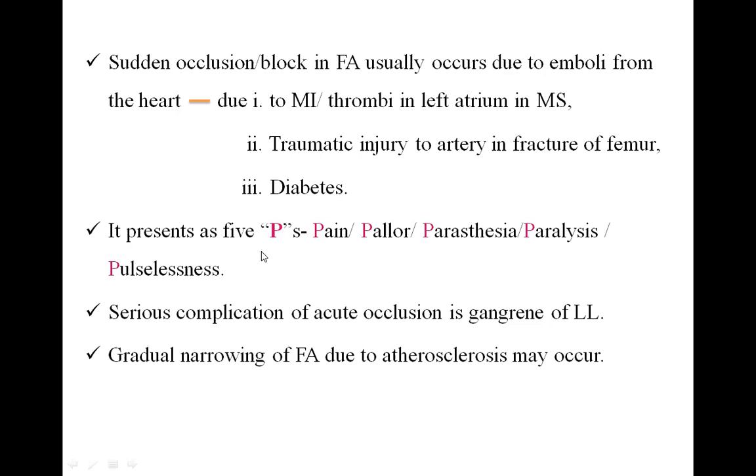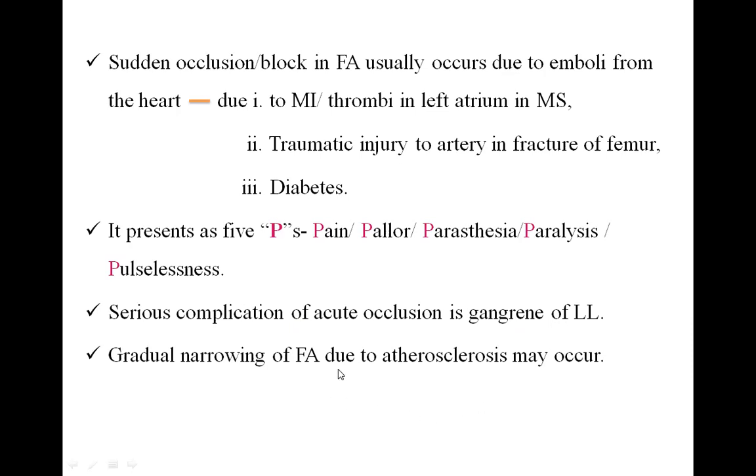It presents as the 5 P's: pain, pallor, paresthesia, paralysis, and pulselessness. So these are the 5 P's. A serious complication of acute occlusion is gangrene of the lower limb.